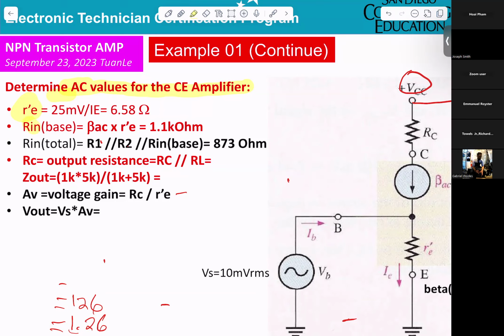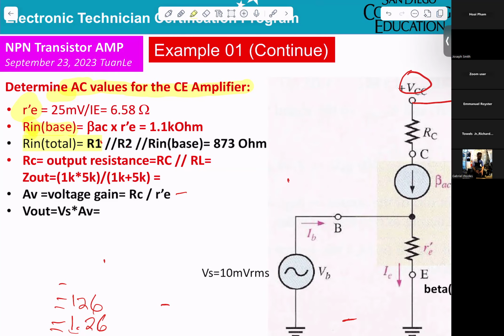And you need to calculate the R in base. That means R in base equals what? Beta times R prime E. And finally, the input total will be R1 parallel R2 parallel R in base.